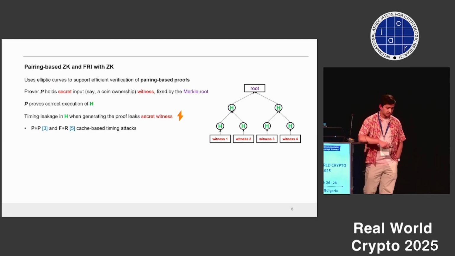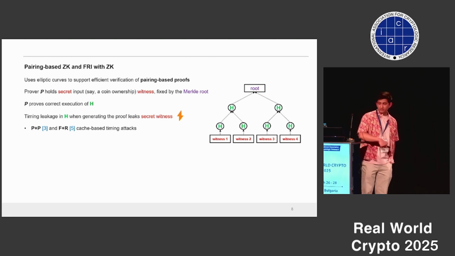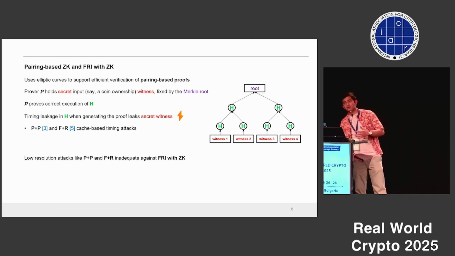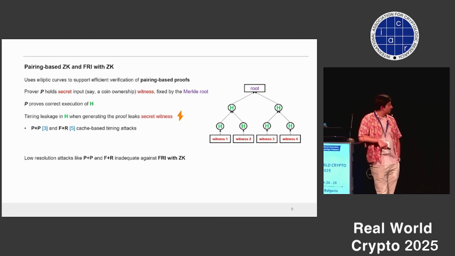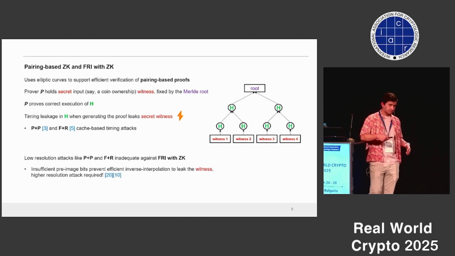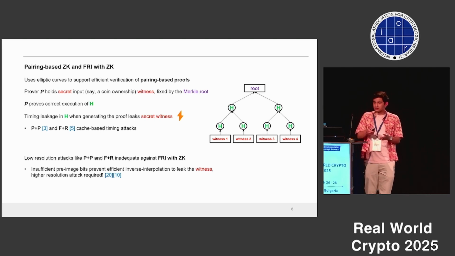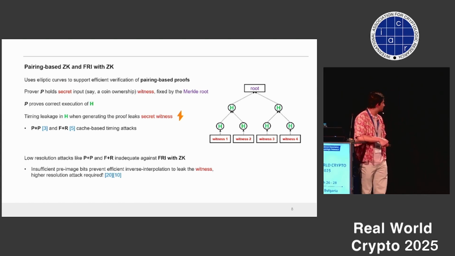So in our work, we just used quite well-known Prime+Probe and Flush+Reload attacks, and these work perfectly. Interestingly, these attacks are actually low-resolution attacks, and so we found that these attacks are not enough for FRI-based ZK protocols, simply because we don't recover enough pre-image bits to reconstruct the witness with the inverse interpolation step that is required.